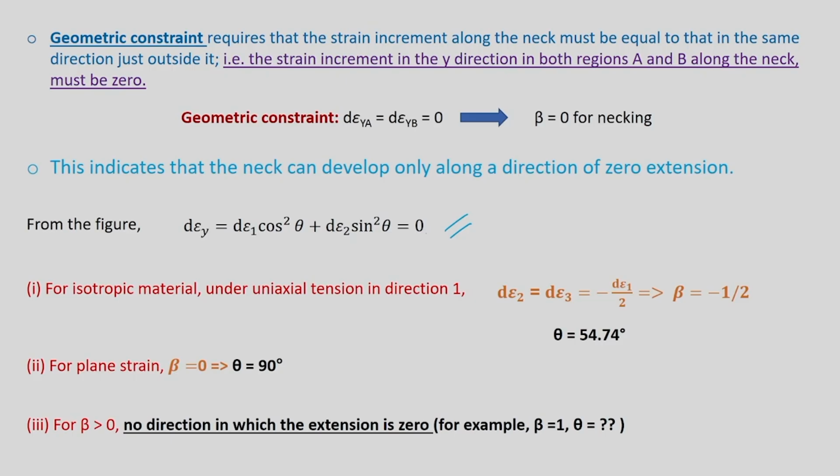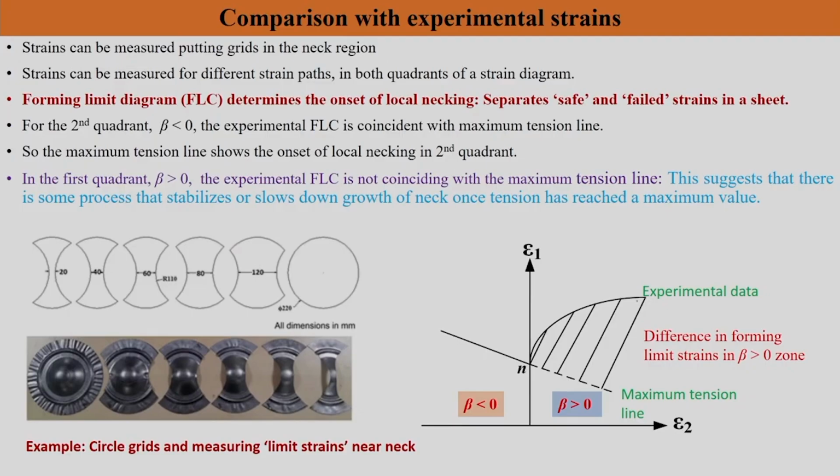By putting this condition, I am going to show that when you pick up a beta value on the right hand side of this diagram, for example beta is equal to 1, this direction of 0 extension does not exist. Whereas if you put some other condition, for example on this side, tensile and plane strain, the direction of 0 extension exists.